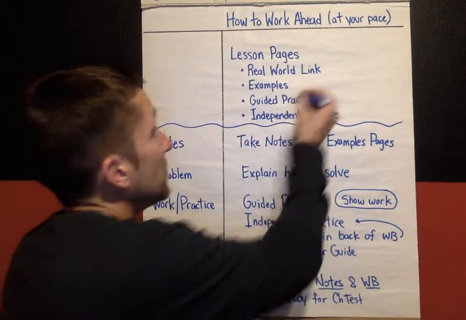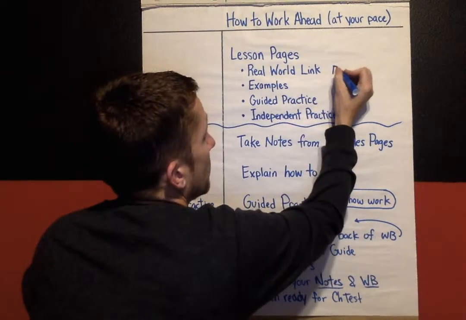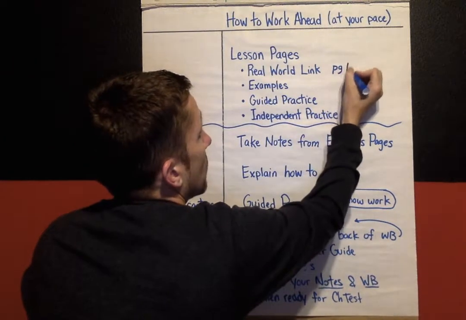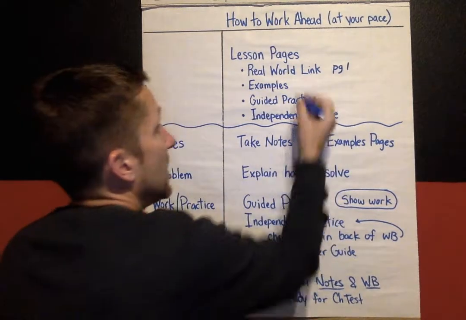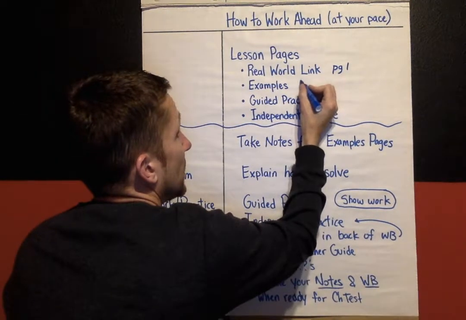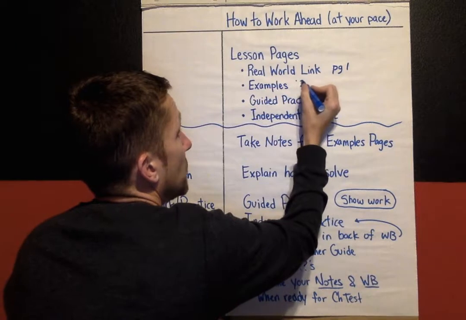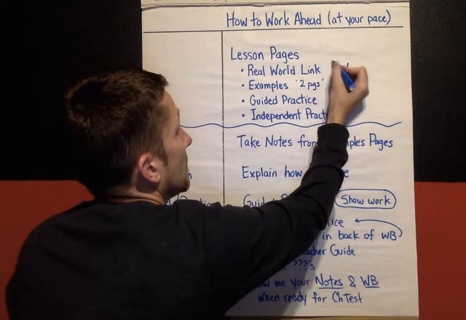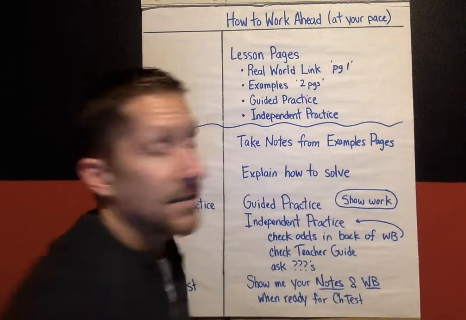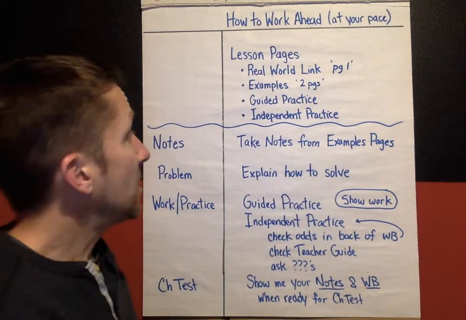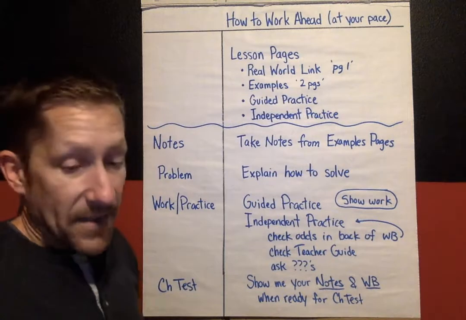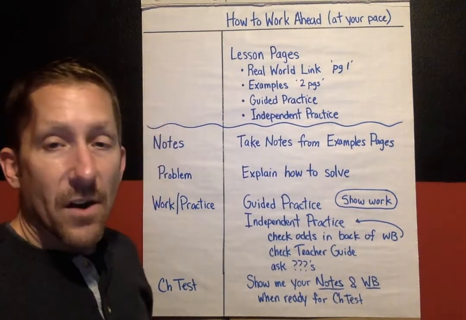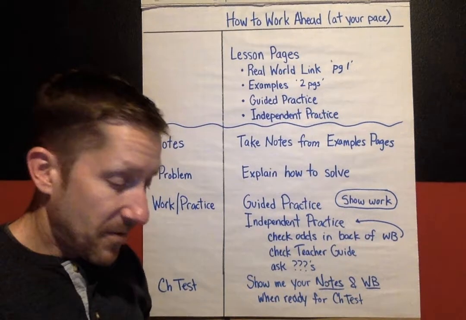So this is usually 1 page of the lesson, and this is usually 2 pages, and sometimes it goes on to the next page. And then you have the guided practice, which are the problems that are usually assigned for a lesson.